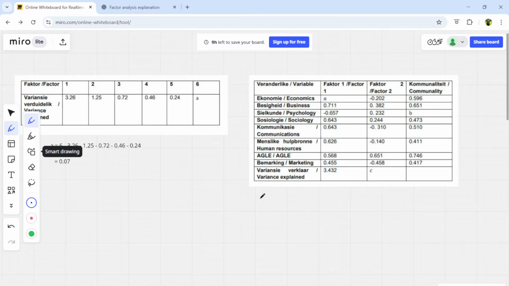So basically, the value of C is going to be equal to, you put in brackets. Let me just do this. How many variables do you have? 1, 2, 3, 4, 5, 6, 7, 8.